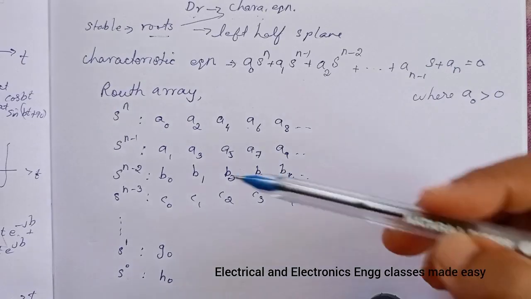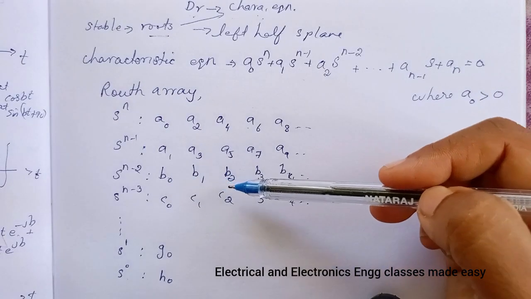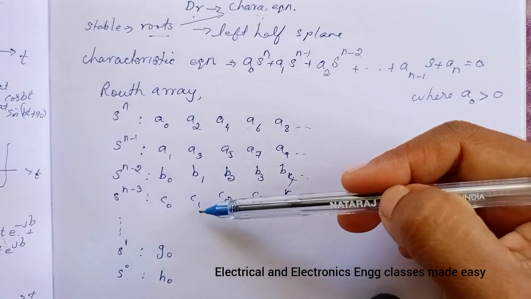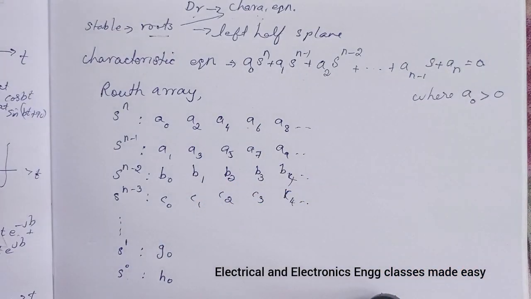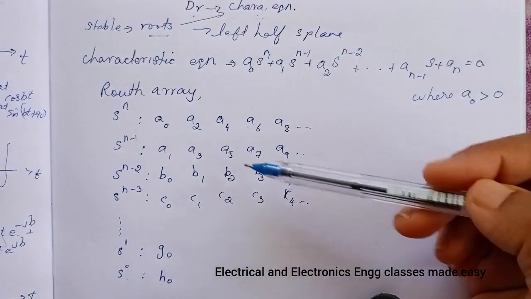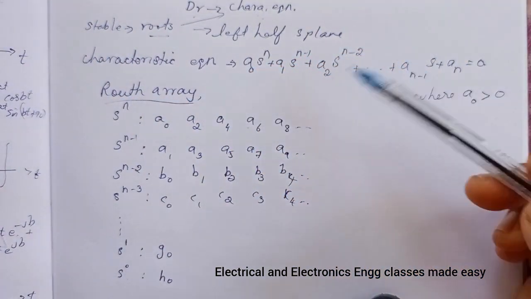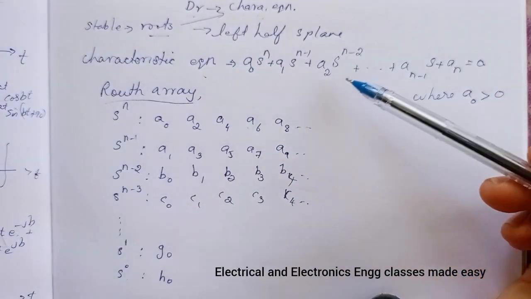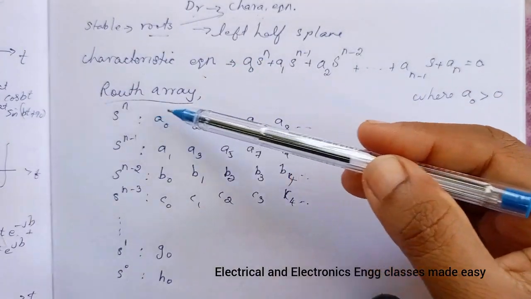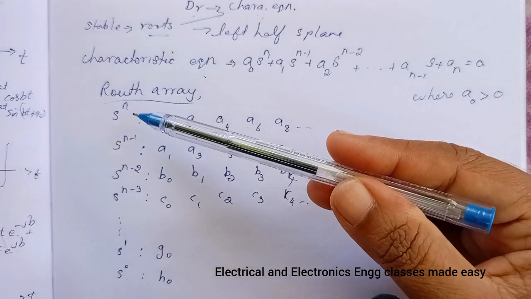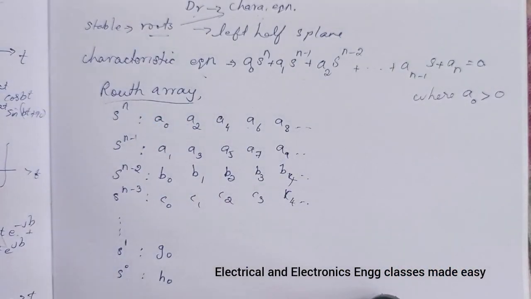So here we have to find b0, b1, b2, then c0, c1, etc. So this is the Routh array, and we have to write the characteristic equation in this manner.